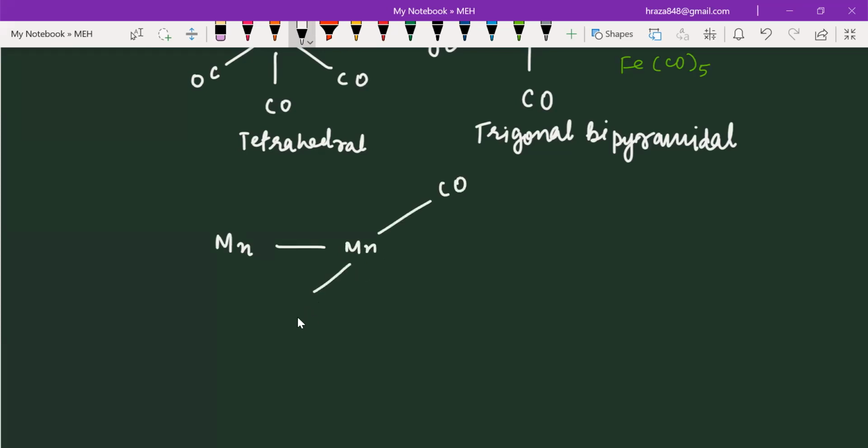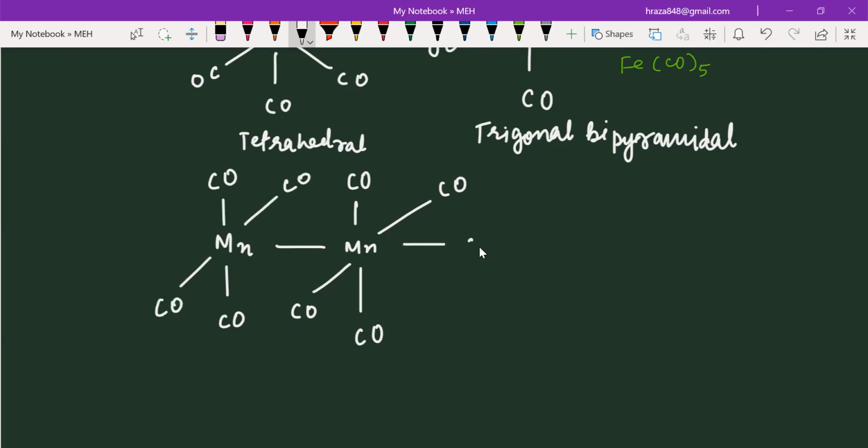This is CO, this is CO, carbonyl, and this is also carbonyl. This is also carbonyl, this is also carbonyl. And it has a formula Mn2(CO)10.